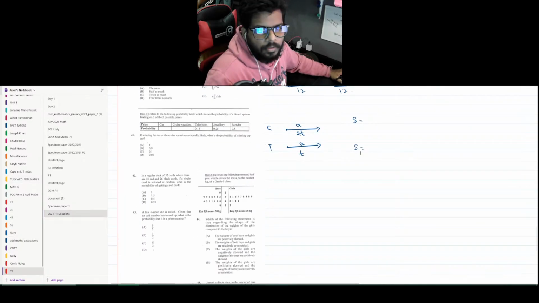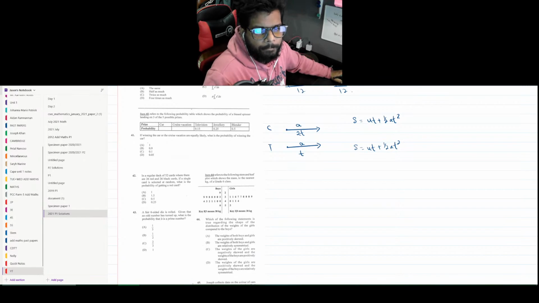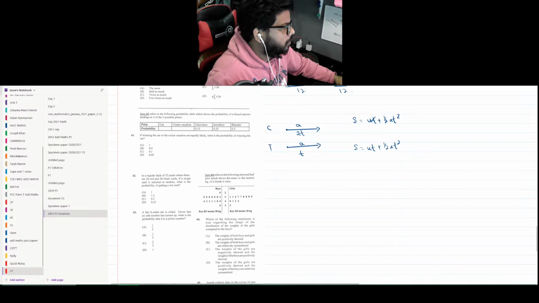The formula is s is equal to ut plus a half at squared. Yeah, we will use that one. The initial velocity is 0, so the ut term cancels out.